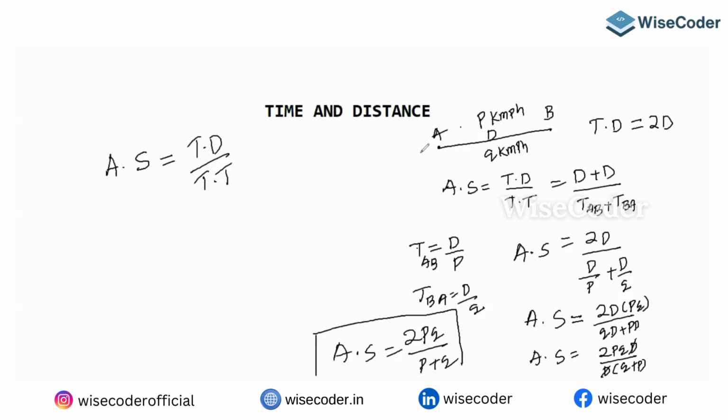Please note that this does not depend on the distance between A and B. If the distance is the same, this will come into the picture. This is the second observation.